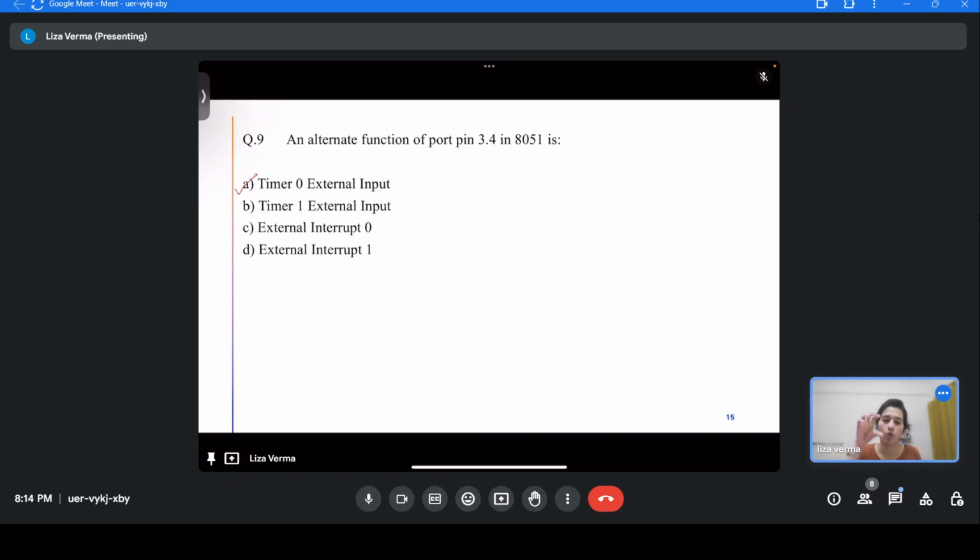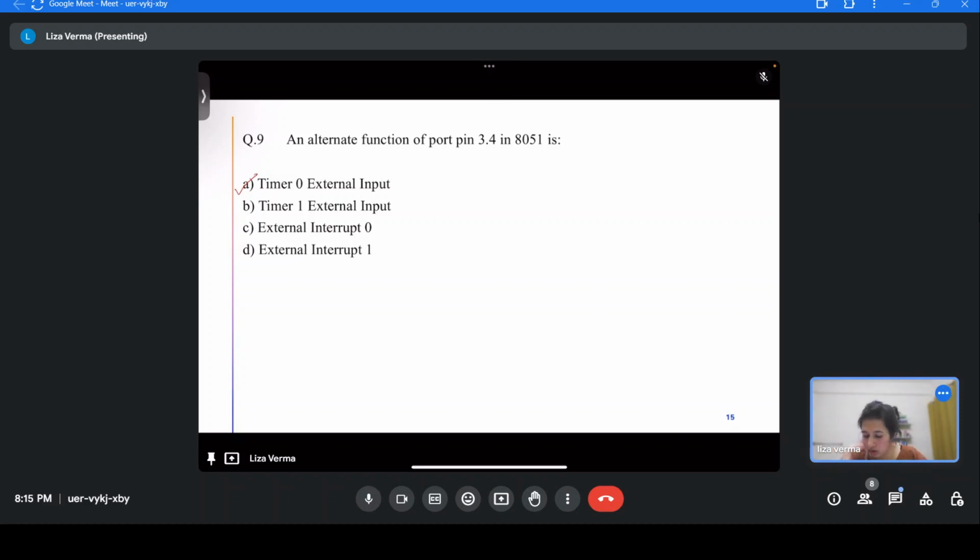If you remember it port-wise, it's easier, because it's 40 pins and you can't remember them in one go. If you know the 8 different pins on port 3, then you can remember.